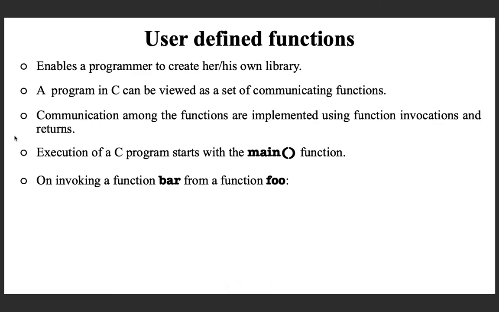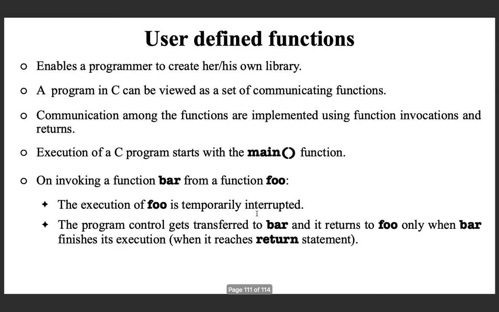And on invoking a function bar from another function foo, what happens? The execution of foo is temporarily interrupted. Foo is calling bar, so the execution of foo is temporarily interrupted, and the program control gets transferred from foo to bar, and it returns to foo only when the called function bar finishes its execution.